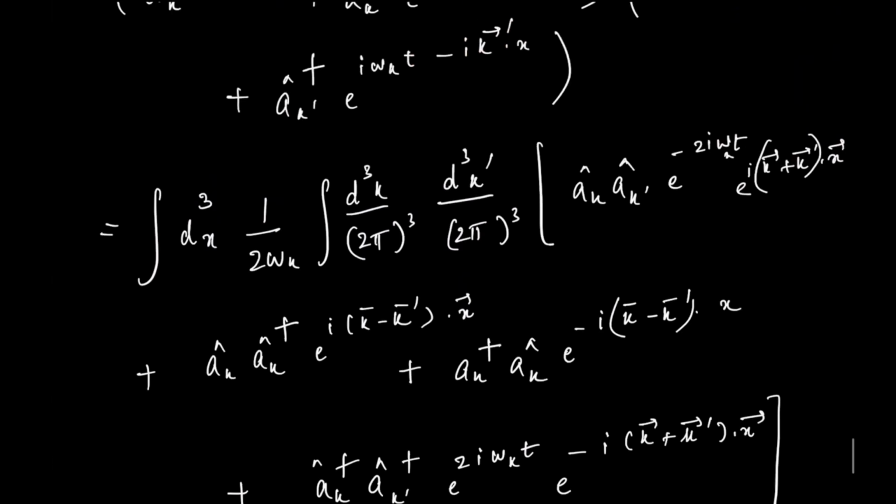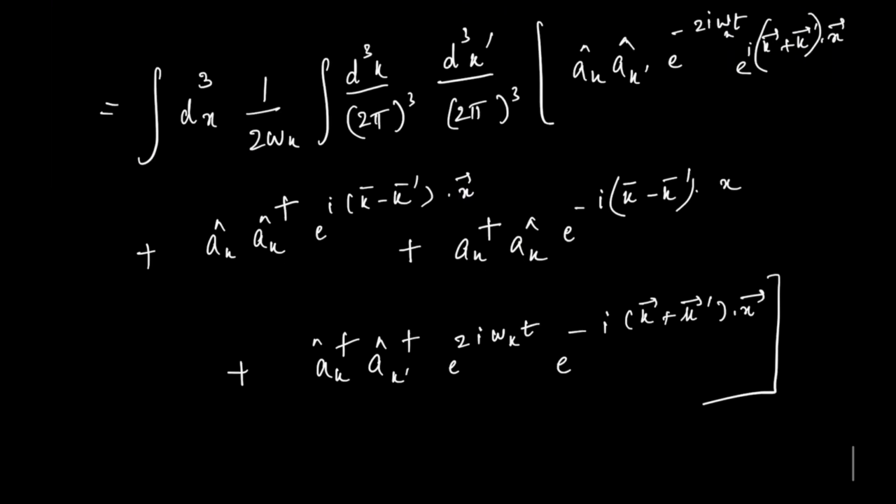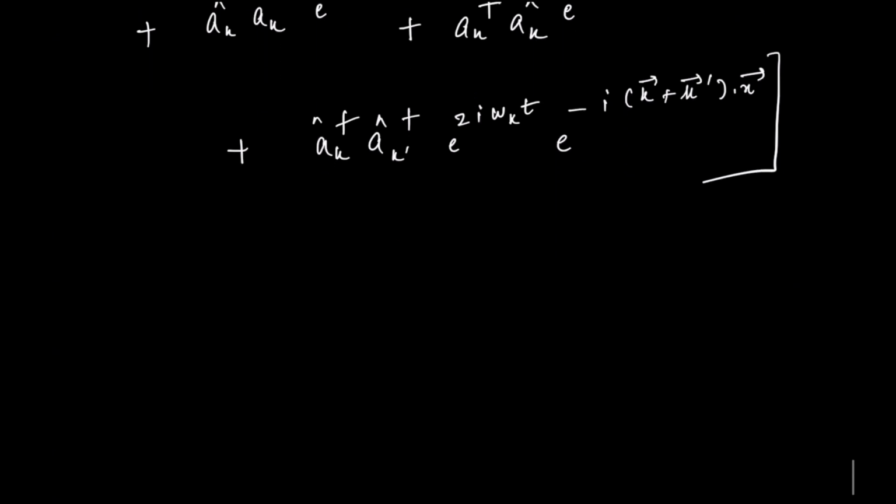So I will follow the same steps. I am not repeating all the steps because first I will integrate with respect to d cube x, then I will get Dirac delta. Again I will integrate the Dirac delta with respect to d cube k prime and all the 2 pi cubes will get cancelled. Okay, so I will write the final equation.